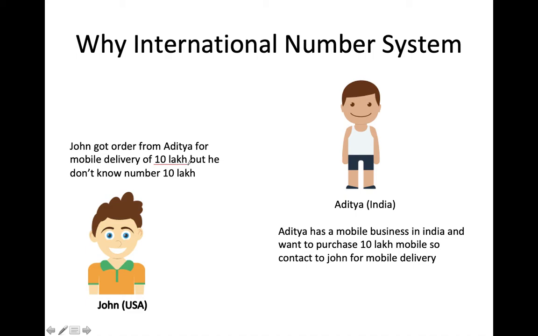So to have proper communication, Aditya needs to have an understanding of the international number system, because it is followed in most of the countries. Aditya needs to tell John the number to be purchased according to the international system. That is the reason we need to understand the international number system.